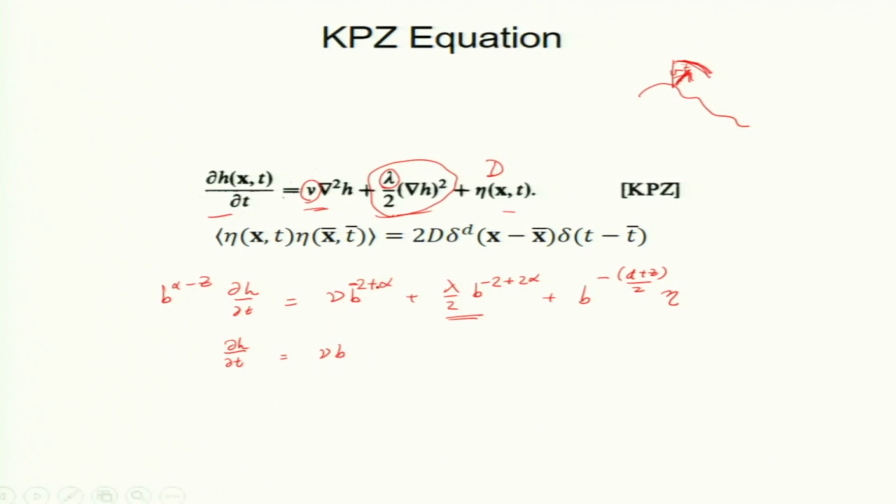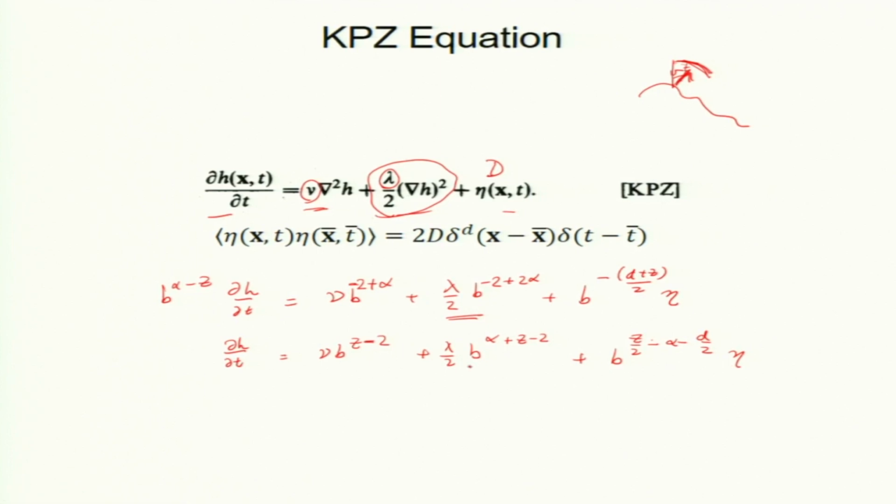Minus 2 plus alpha. So alpha and alpha cancel, and I get z minus 2. This we did before, z minus 2, and the new term is lambda by 2 b, one alpha cancels with this alpha, and I get alpha plus z minus 2, and then the last term is b to the power minus z and this, so this becomes z by 2 minus alpha minus d by 2 for eta.